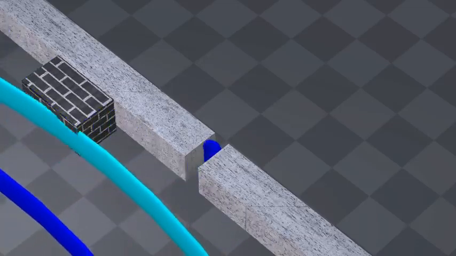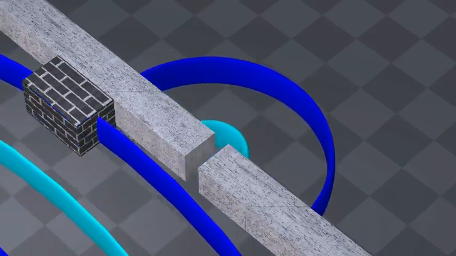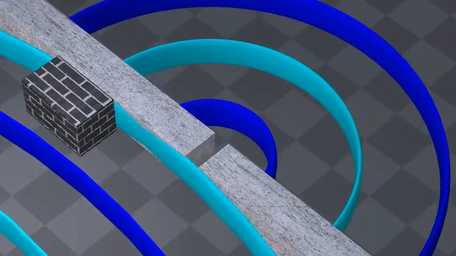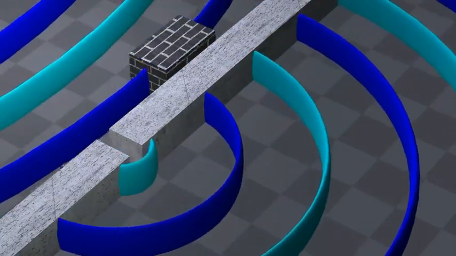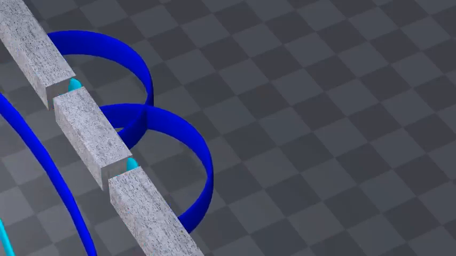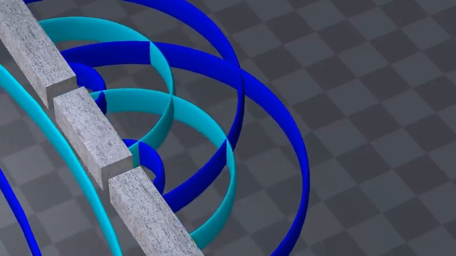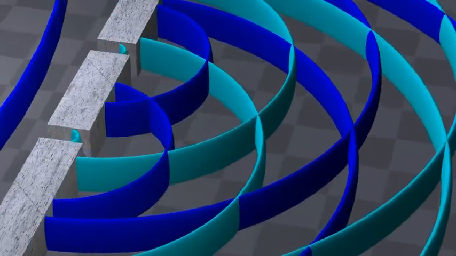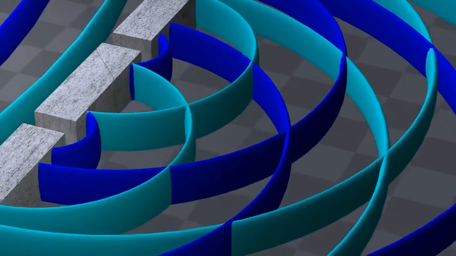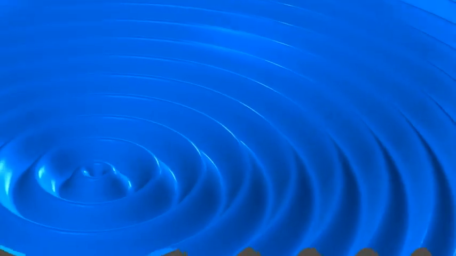When a wave passes through a hole, it spreads out on the other side. If there are two holes, two waves are produced. When you have two waves, they interact with one another.